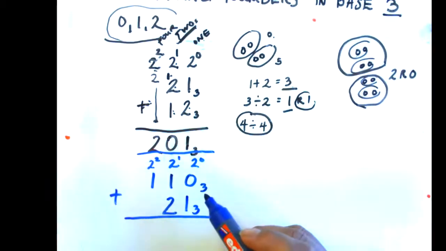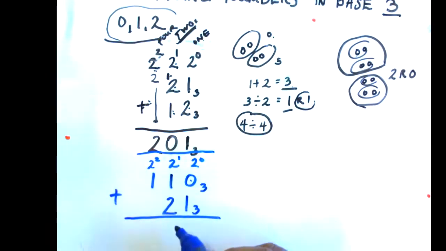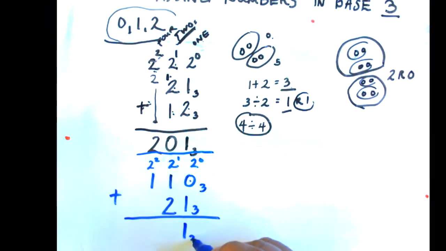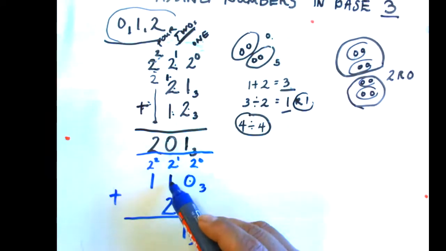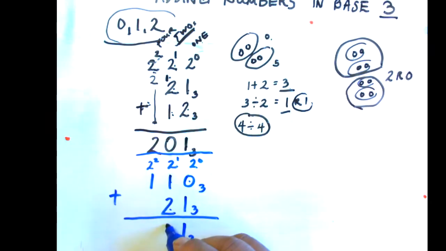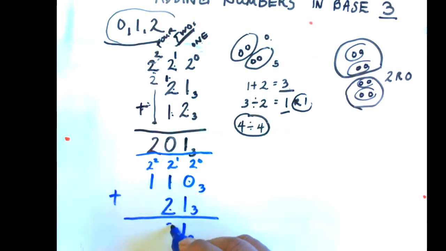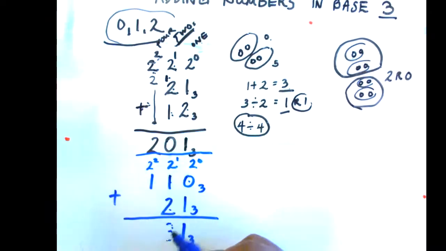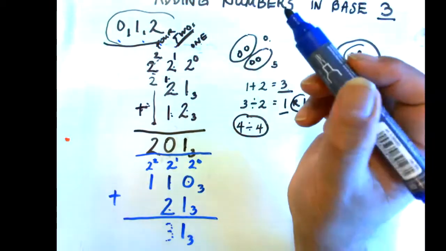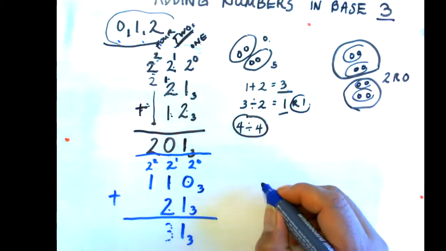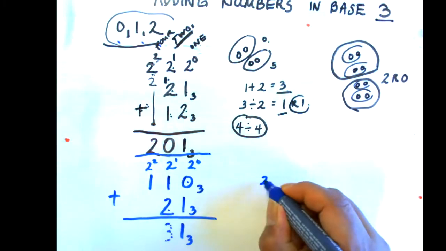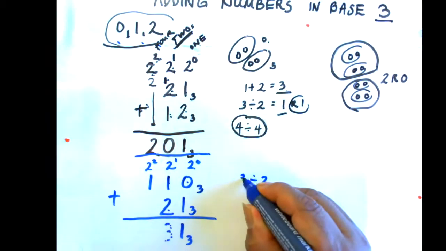Now we'll continue. 0 plus 1 is 1. Can we write 1? Yes. In base 3 we can write 1. 1 plus 2 is 3. Can we write 3? We cannot, because we're only allowed these 3 symbols. So the question would be, how many 2s are there in 3?